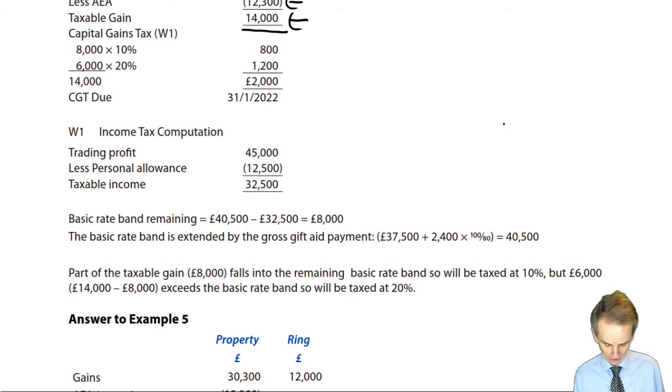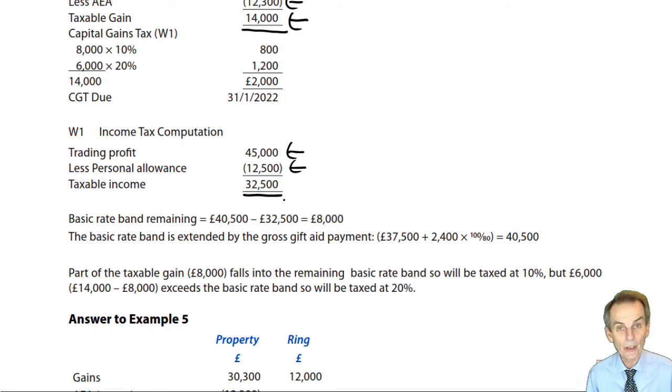The income tax computation had just one figure of income, a trading income figure of £45,000. Take away the personal allowance to give you taxable income of £32,500. So how much basic rate band remains?